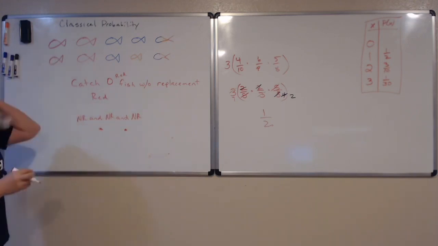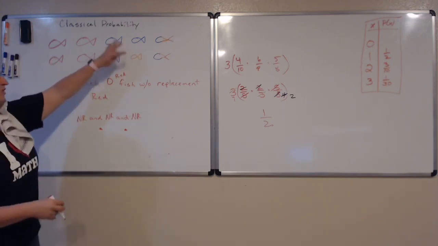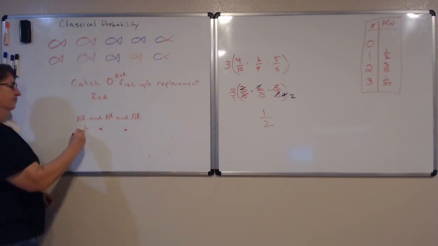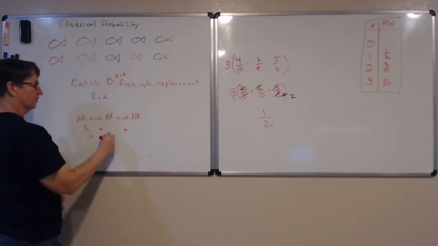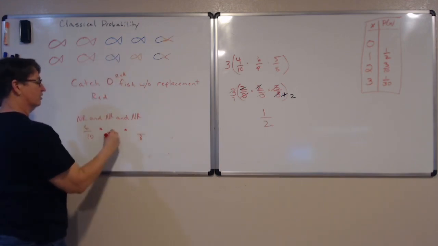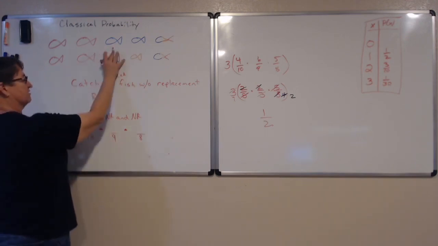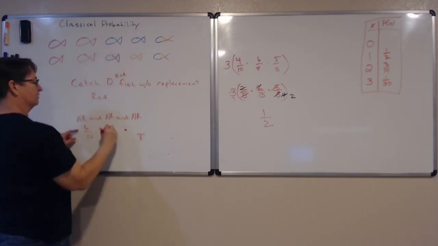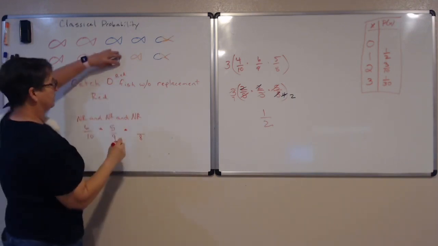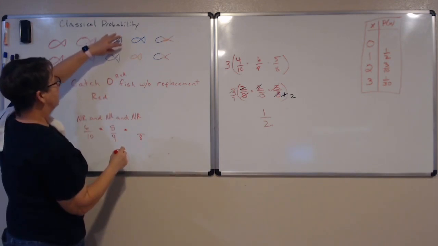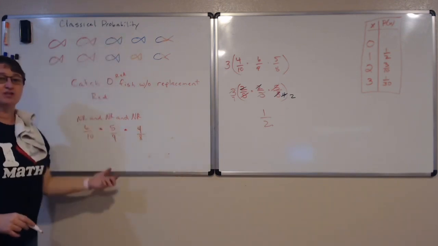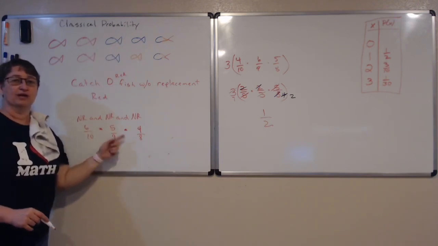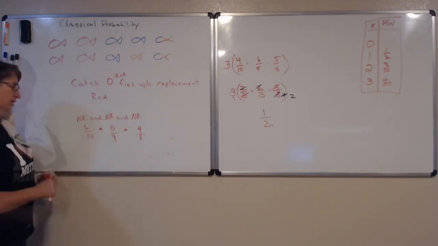So to get a not red on the first one, well, it's 6 out of the 10. I'm down 1. So now there's going to be 9 and then 8, just like before. But now, instead of having 6 not reds, I'm going to have 5 not reds. And instead of having 5, now I've taken 2, so now I just have 4 of them. And that's the only way I can do it.